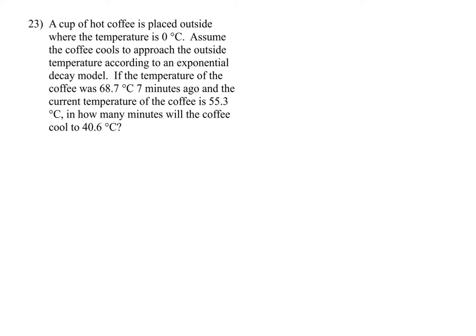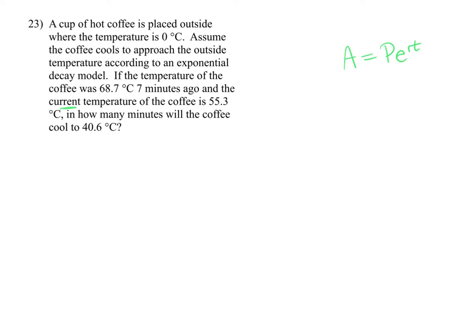You're going to use this same function that you would have used for continuous compounding, but in this case, it's actually going down. Temperature is going down, correct? So basically what they did is they gave you the current temperature, which is 55.3 degrees. 7 minutes ago, it was 68.7.